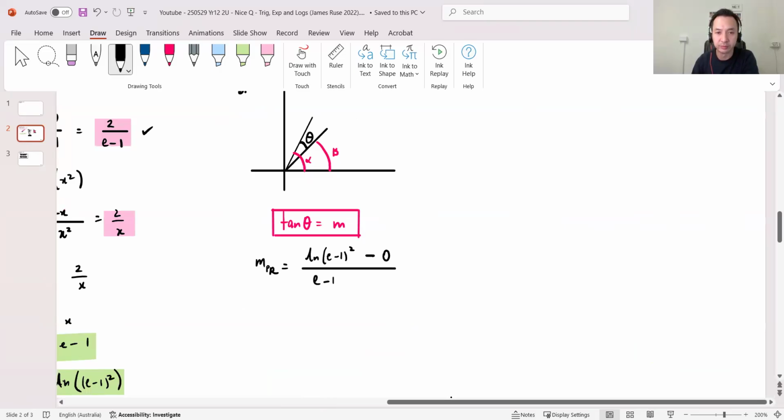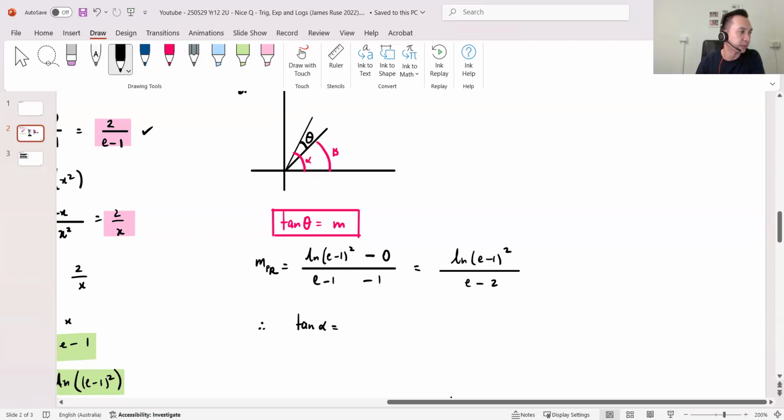So e minus 1 minus 1. That looks like ln of (e minus 1) squared over e minus 2. Yep, check that. That looks fine, right? So therefore, tan of alpha equals the gradient.